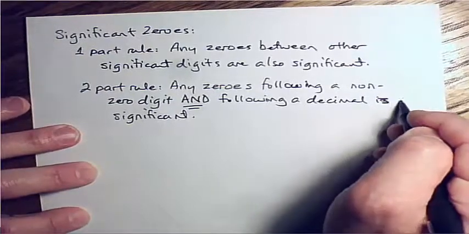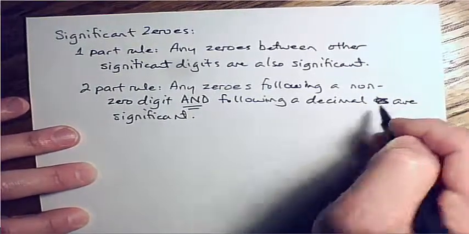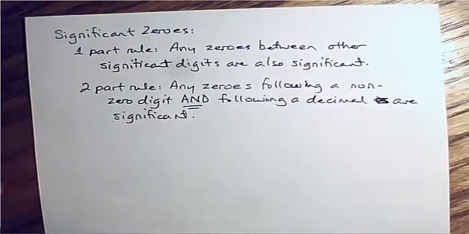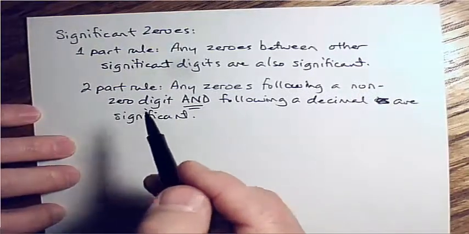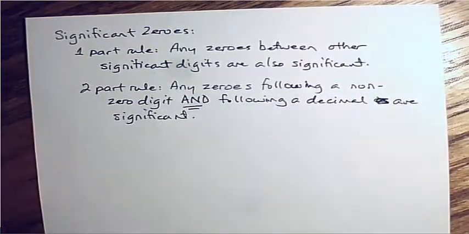Any zeros following a non-zero, that's not "is," it should be "are" significant, because I had plural zeros here, didn't I?